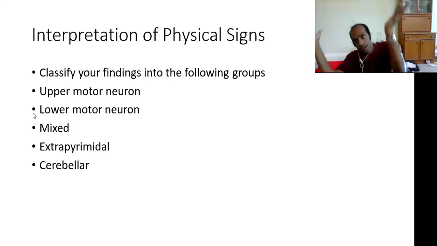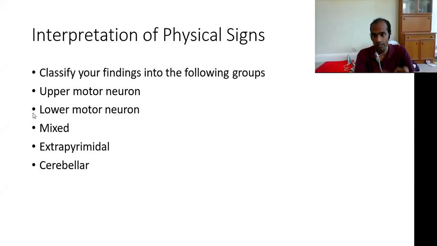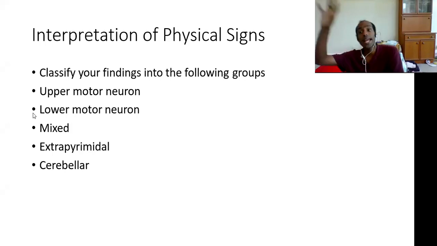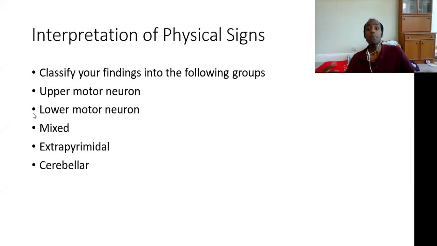Then, number 2, all the findings you get are lower motor neuron signs. Third, you get a mixture: upper motor neuron signs plus lower motor neuron signs. That can happen. Then you get extrapyramidal signs like Parkinson's. You have seen patients and had lectures, right?